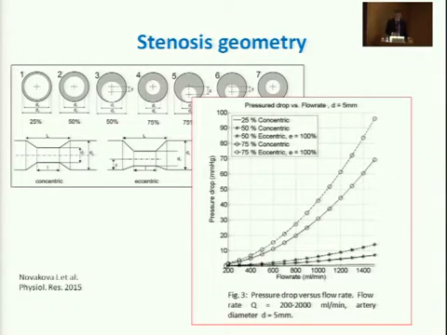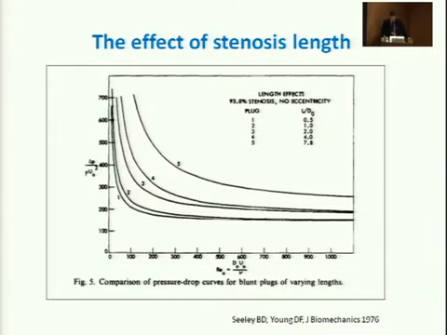And it was interesting that any asymmetry of stenosis further increases the pressure loss inside the stenosis. So any asymmetry is very important, and the higher the degree of stenosis and the higher the flow rate, the more pronounced this effect is.